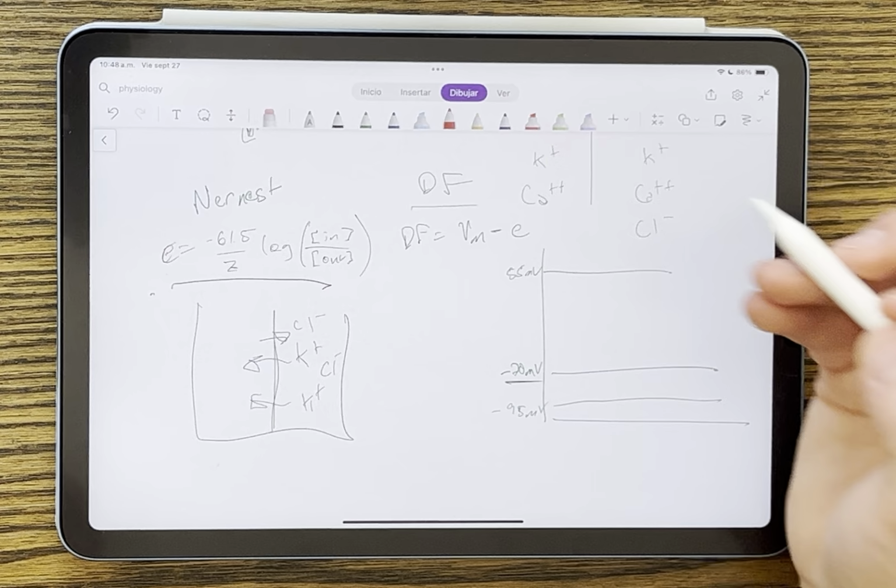Outside the cell, we have a high amount of sodium. Inside the cell, low amount of sodium. Outside the cell, we also have a high amount of calcium, as well as a high amount of chloride ions. Naturally, the chemical gradient pulls them in, but because the cell is non-permeable to them at the resting membrane potential, they don't come into the cell.